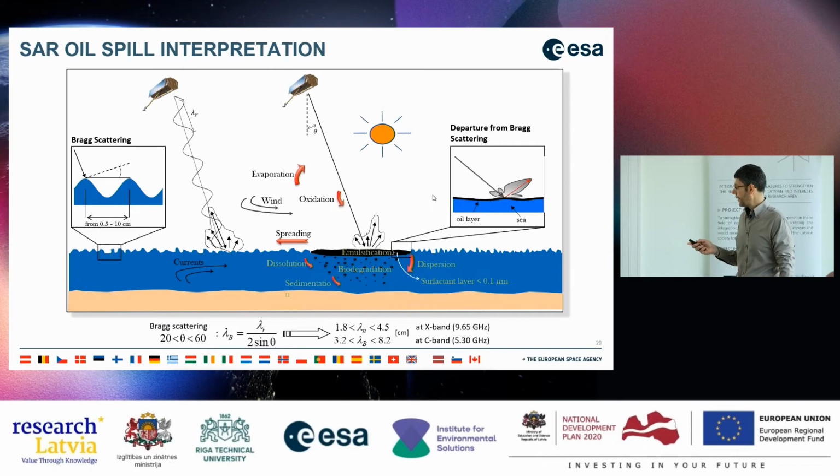So you have oil, so we have already seen that you have the ocean with its roughness, and when the satellite is transmitting the pulse and receiving the pulse from clean ocean sea surface, then you have some backscatter received from the satellite.